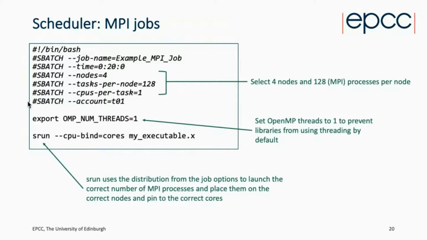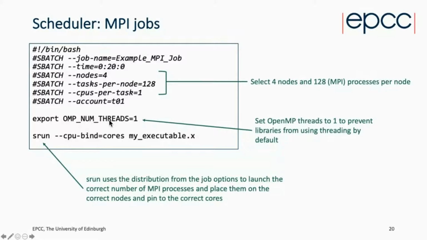But essentially, you specify the number of nodes you want, the number of tasks per node you want, and the CPUs per task. So this is just 4 nodes, fully populated, 128 cores per node, and placing 1 MPI rank on each of those cores.